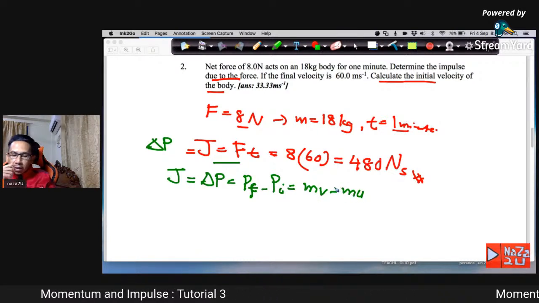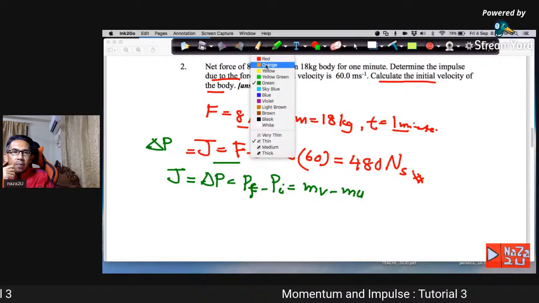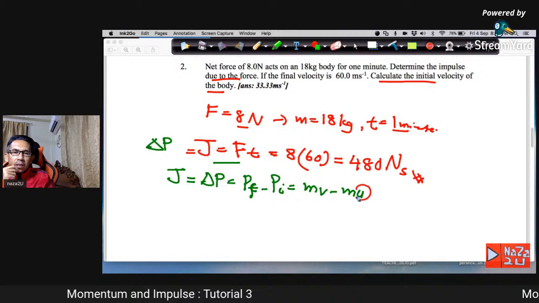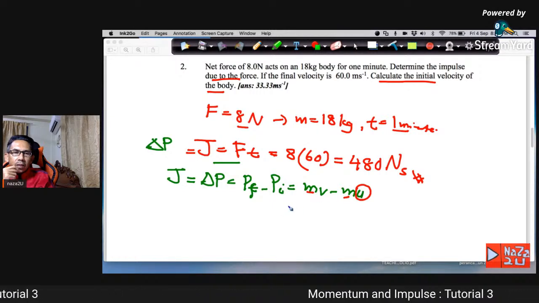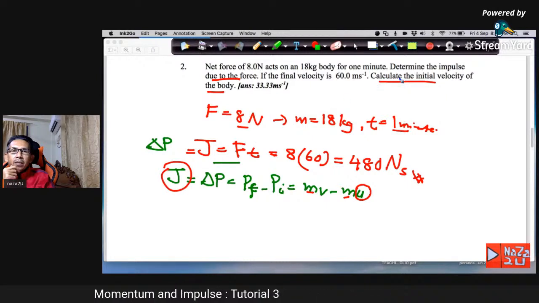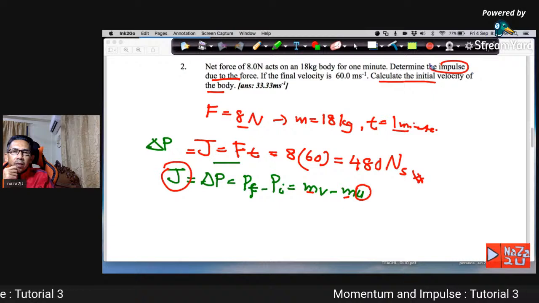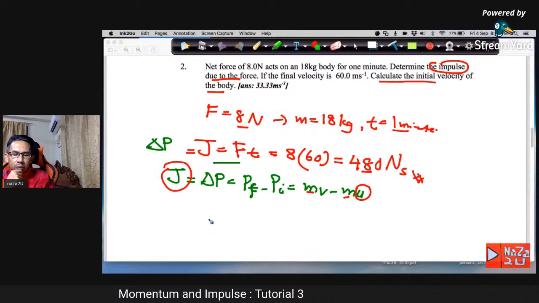The question asks you to calculate the initial velocity, so what is u here? The mass is constant, and the impulse you already calculated. The first answer is the impulse, 480.